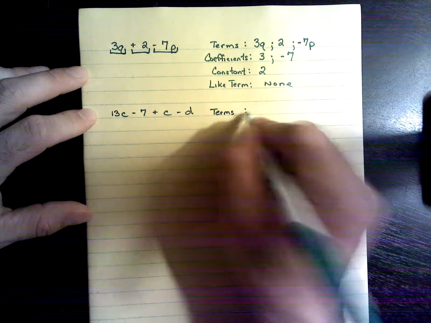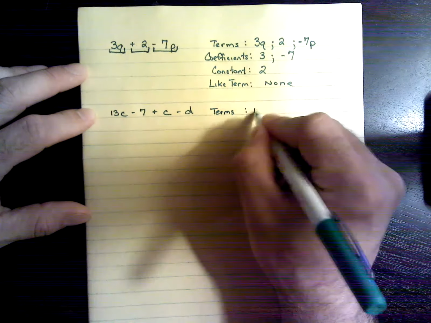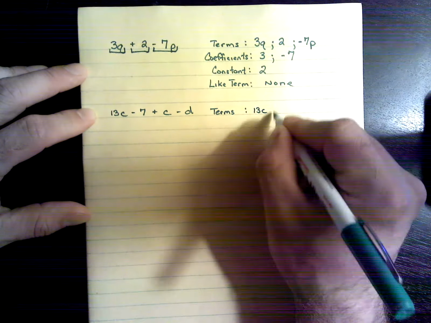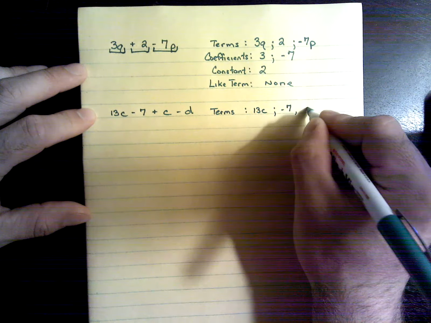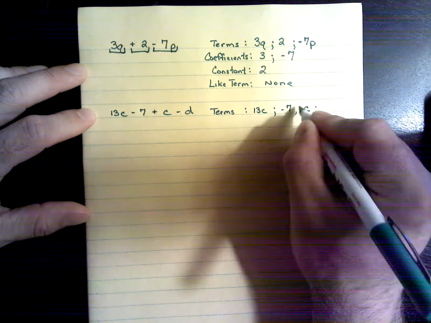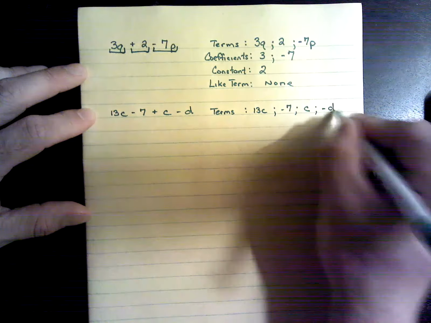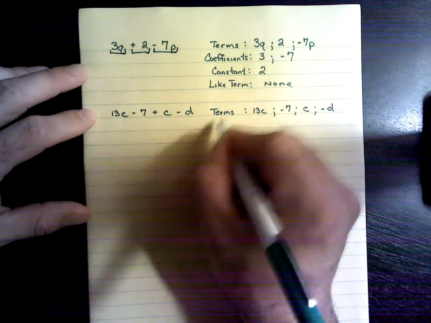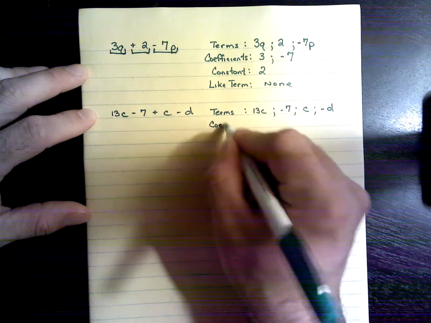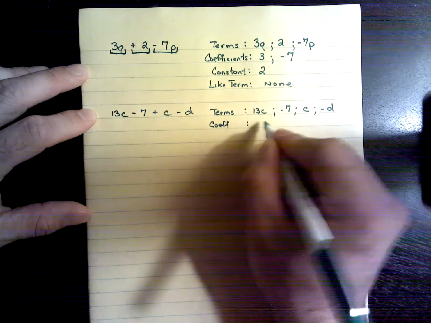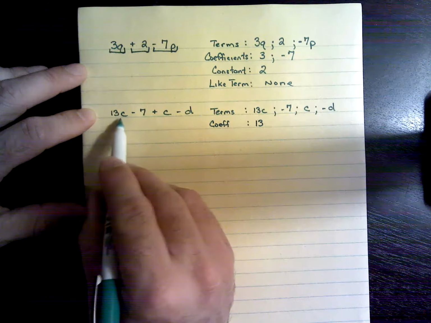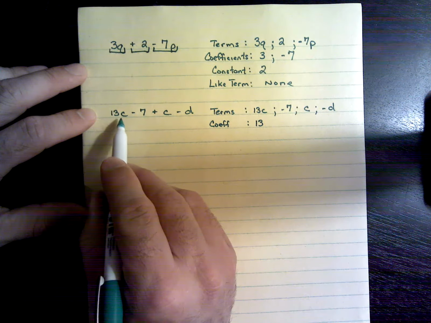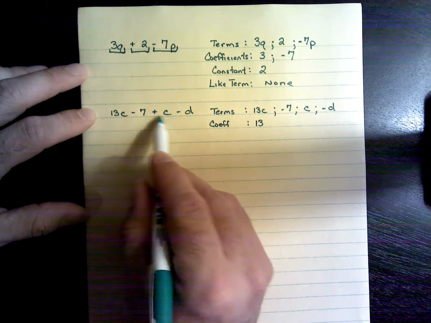The terms would be 13c, negative 7, c, and negative d. For coefficients, I'm going to abbreviate here. We would just have the 13 because that's the number in front of c.